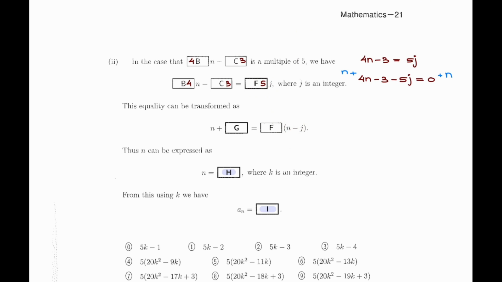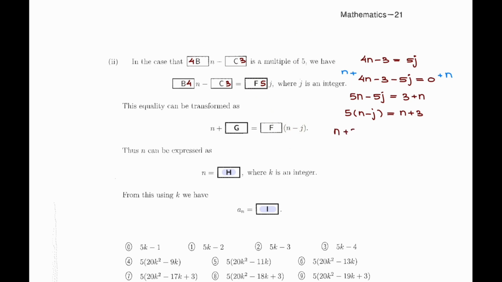So that I will obtain 5n minus 5j equals to 3 plus n. I will move negative 3 to the other side. That means if I factorize 5, I will obtain n minus j equals to n plus 3.